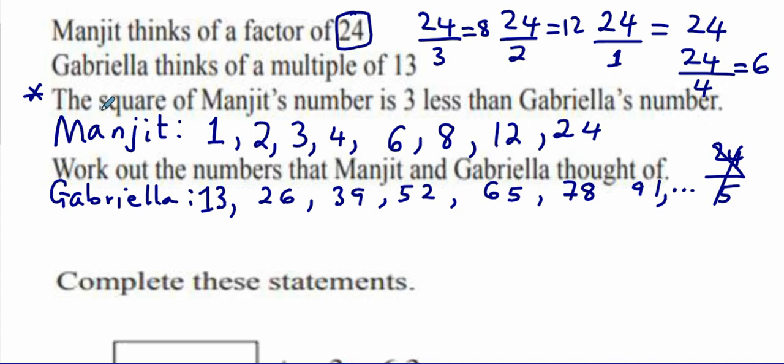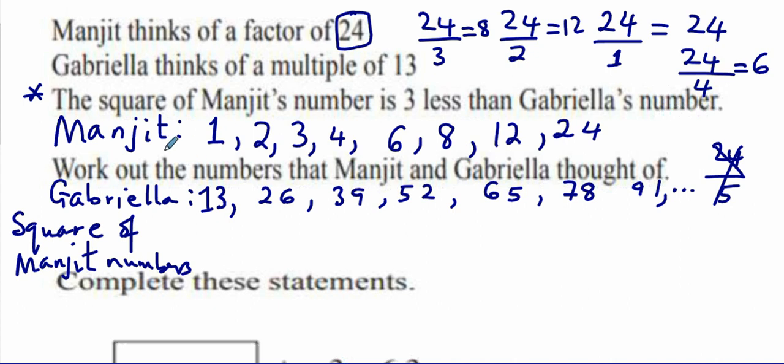The question says the square of Manjit's number. We need to find the square of Manjit's numbers. Manjit's numbers are 1, 2, 3, 4, 6, 8, 12, 24. What are the squares of each and every single number from this list?